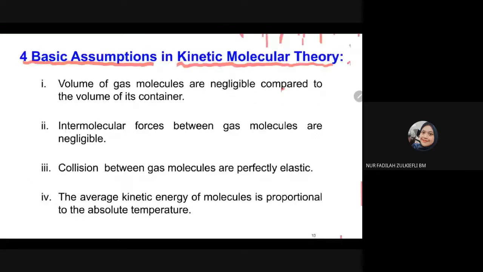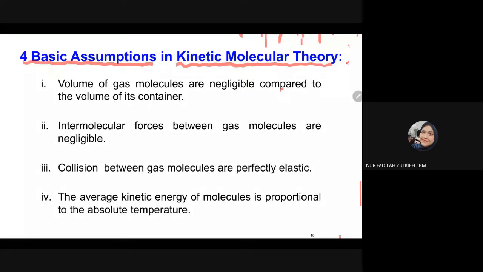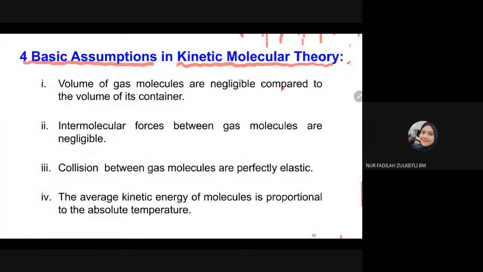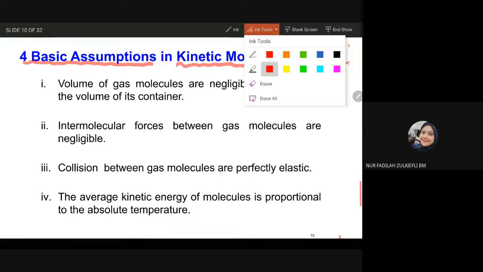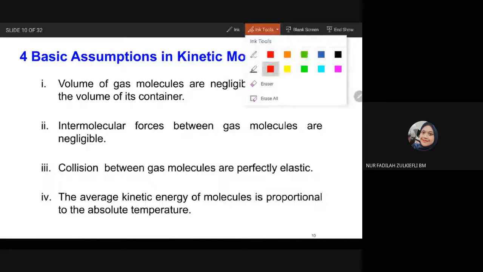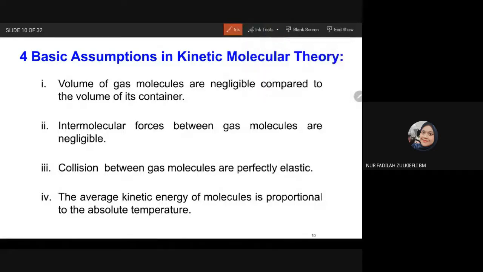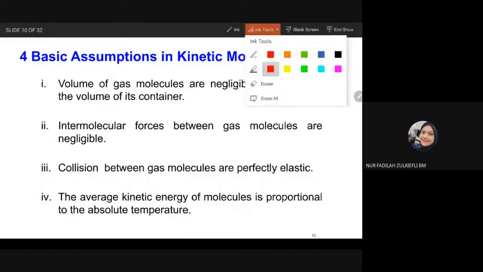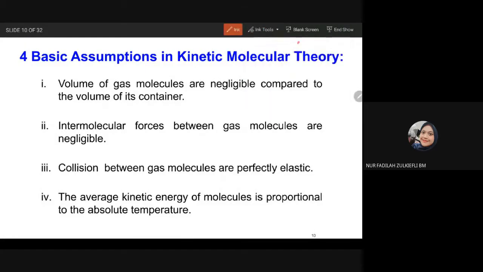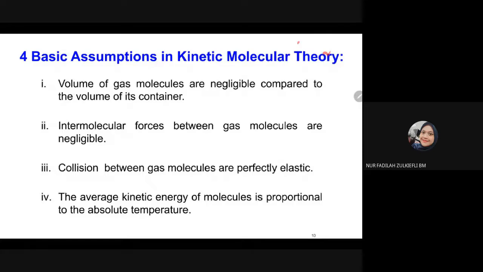Sekejap, teacher rasa teacher kena explain kat sini juga. Kenapa dia tak jadi pen? Teacher erase all dulu, dan teacher nak red pen. Tak jadi juga. I don't know why. Tak kisahlah, degil dia punya ni.